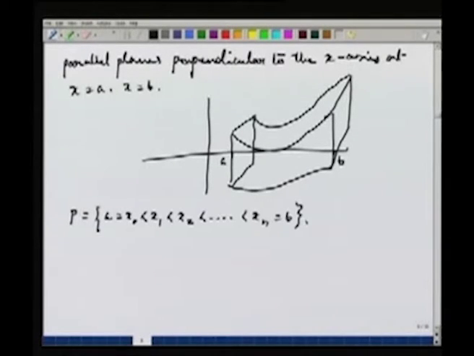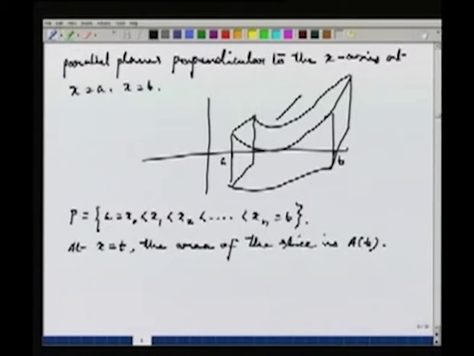And let us say at x equal to t, the area of the slice is A(t). So it would look something like this. This would be the area of the slice inside the body. It is at the point x equal to t.